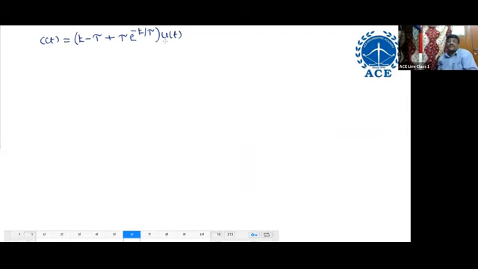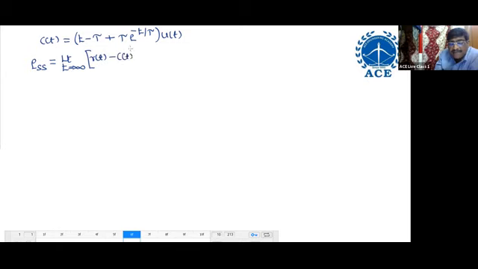Before drawing the response, find the steady state error. What is the formula for steady state error? Limit t tends to infinity of r of t minus c of t.